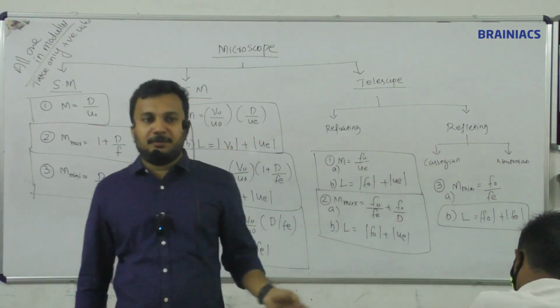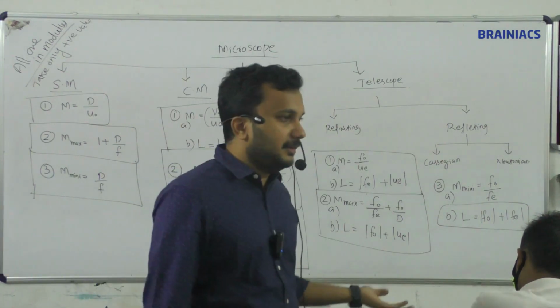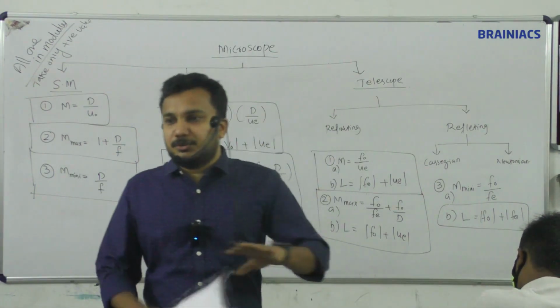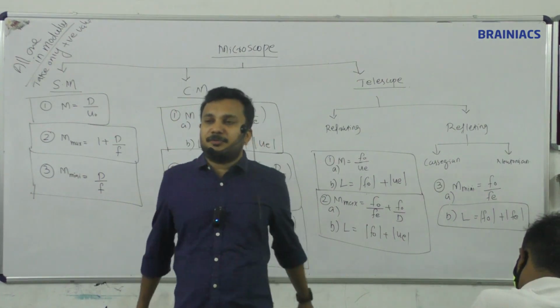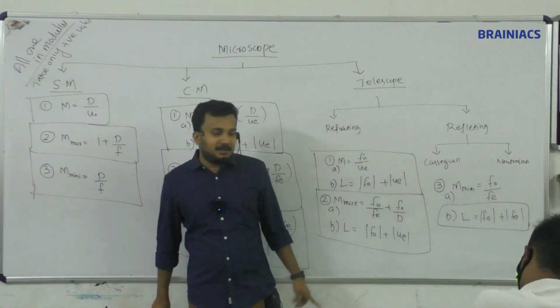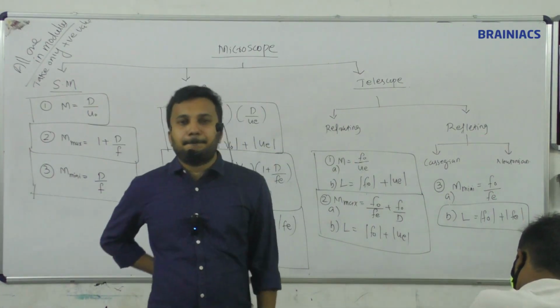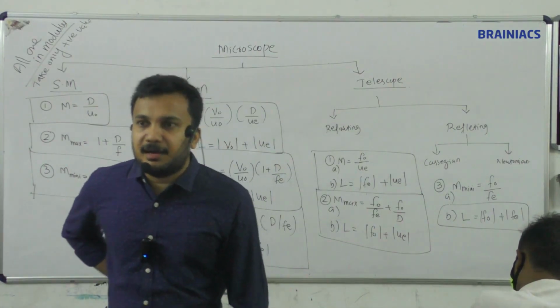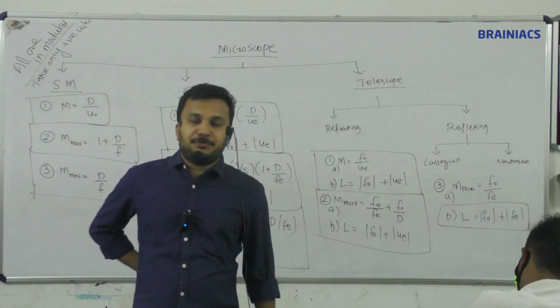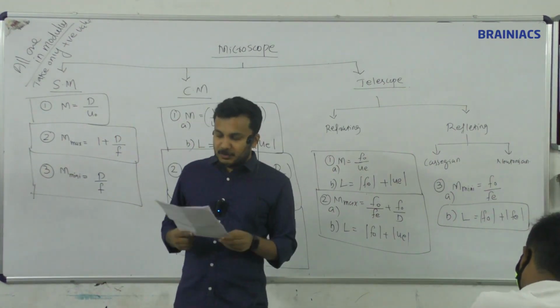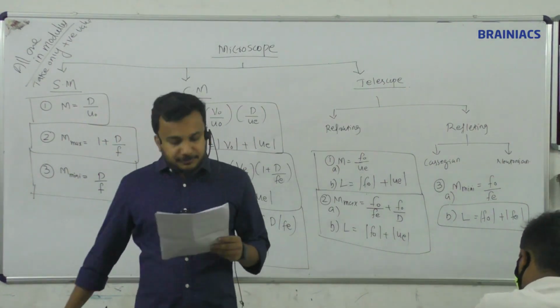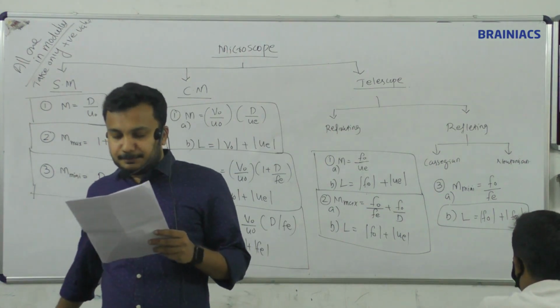M minimum equals f0 by fe. What is m? Beta by alpha. Everything is given; you have to find beta. 5 degree is the right answer.